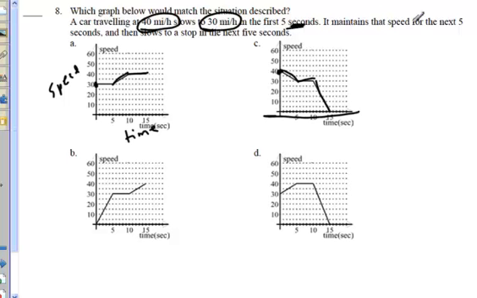Okay, maintain that speed for another 5 seconds, and then I slowed again to a stop in the last 5. So first of all, that's 15 seconds of driving, and so we can see we ended right there. This car started at a stop, sped up to 30, stayed the same speed, then sped up to 40. This car started 30 miles an hour, sped up to 40, stayed the same, then quickly stopped down to 0. So that was our answer. So that's how you do this type of problem.